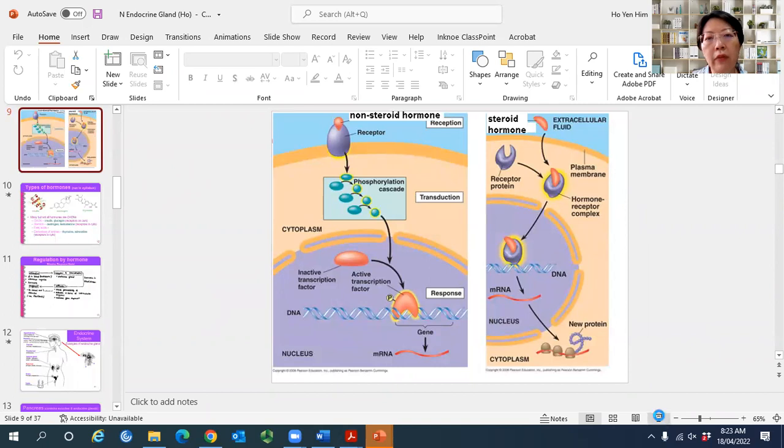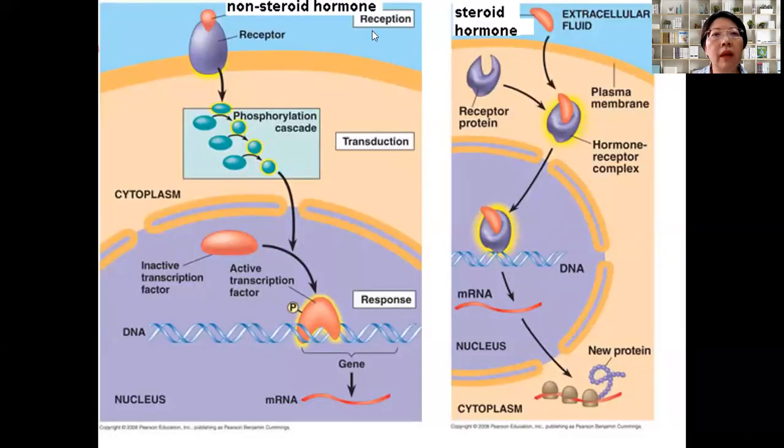So there are two types of hormone, either non-steroid or steroid hormone. Non-steroid hormones are usually protein. Protein is big, so it cannot pass through the phospholipid membrane. So it will attach to a receptor for the hormone, which is found on the membrane of the target cell.